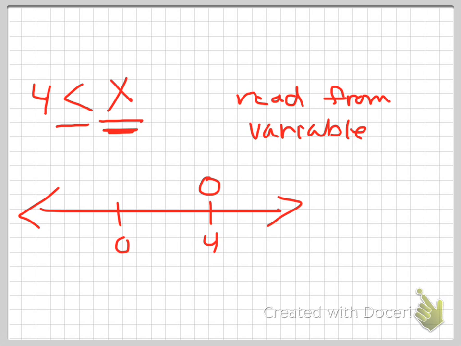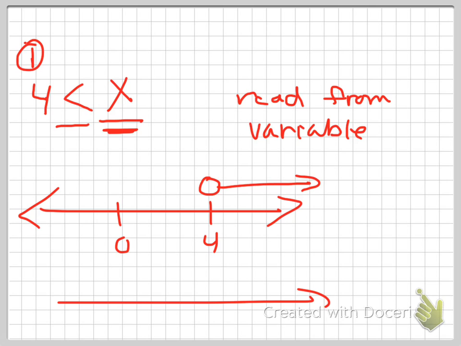Which direction from here are the greater than numbers? To the right. That's method number 1. You can also rewrite it. Notice x is closer to the opening space. X is greater than or equal to 4, and then graph like that. So you can either read from the variable or rewrite it. That's what gets tricky. All right, and that's the end of the lesson.